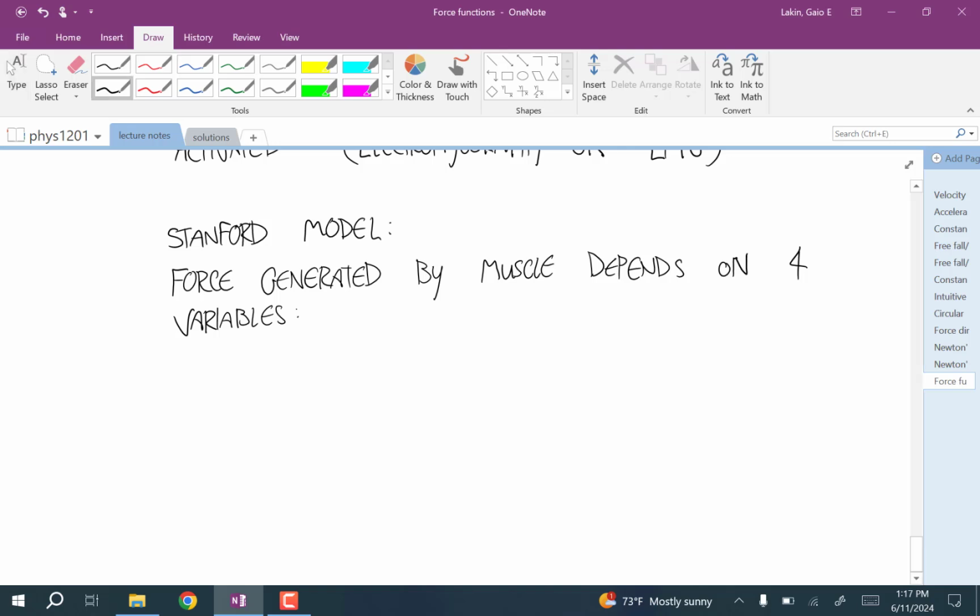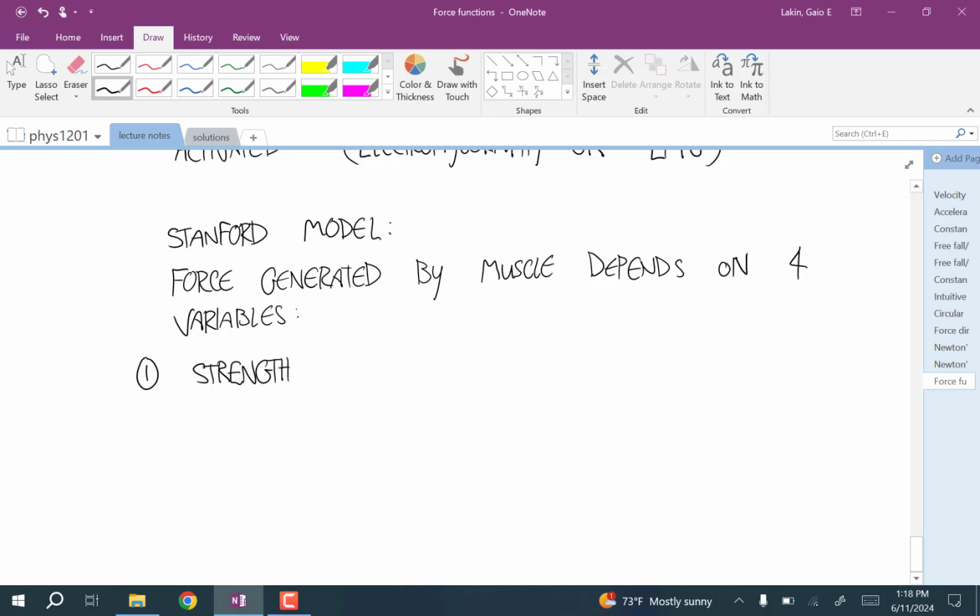The first one is really just a measure of the size of the muscle. I'm going to call this the strength, but we can think of this as a baseline force that the muscle is capable of generating under certain conditions.